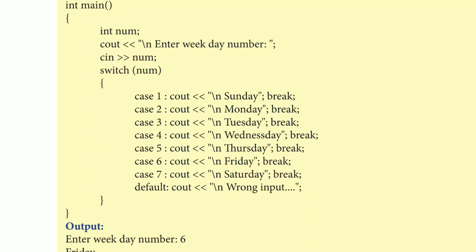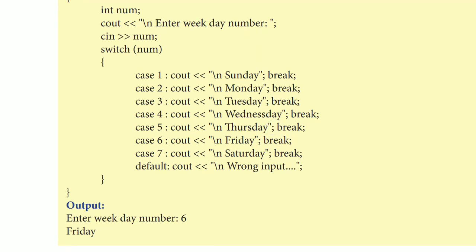Here the compiler will search for number 6 in the cases. You can see that there is case 6 here, and it has a statement that prints the word Friday.